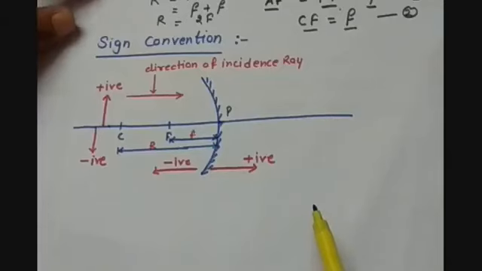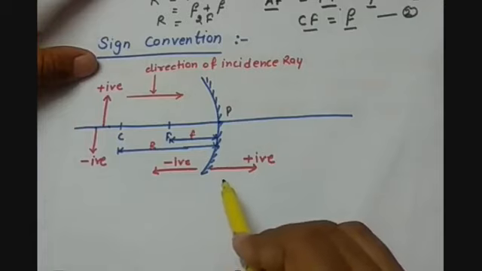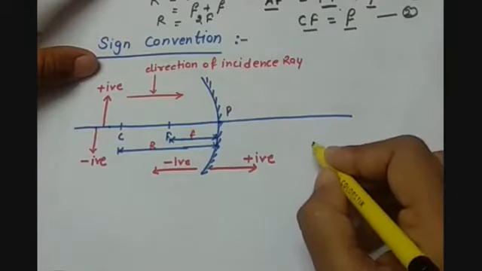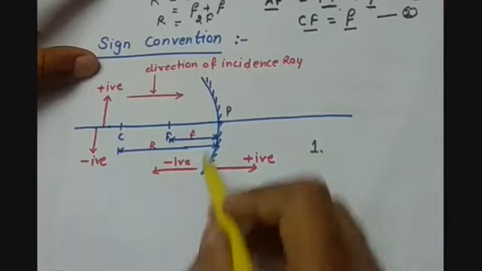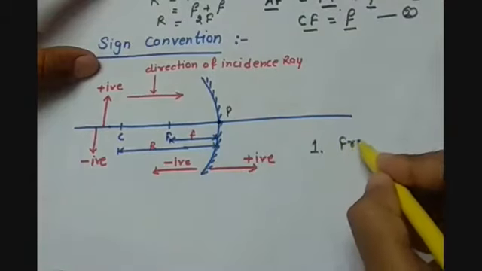Now let us understand the sign convention. So first we are taking the concave mirror. The first point in sign convention is that all the distances are measured from the pole.